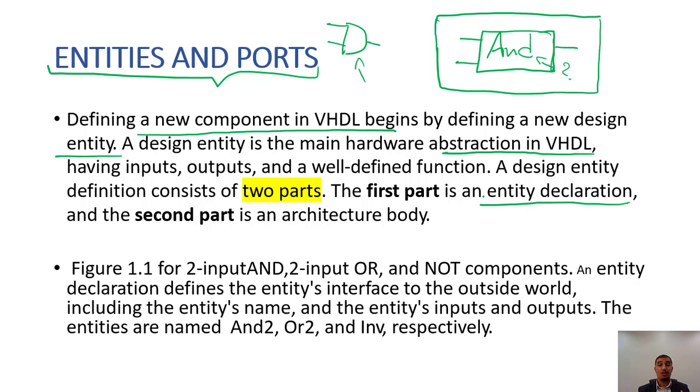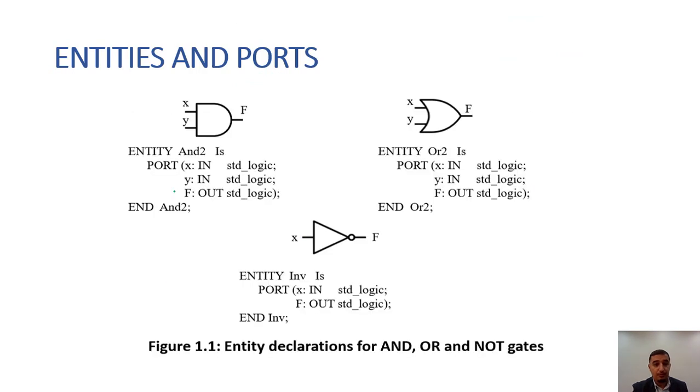The second is you give it the body. You need to give that entity a body and define its ports. Now, figure 1.1, which is this figure, gives us examples of different types of entities. This is the entity of AND2. Of course, we don't use AND, because AND is a reserved word.